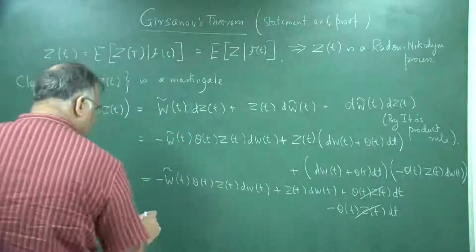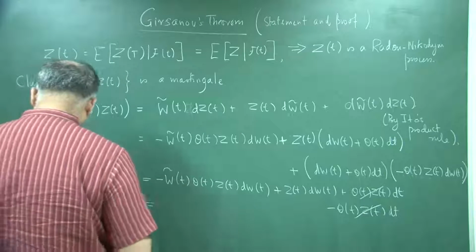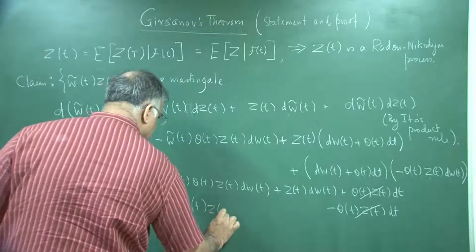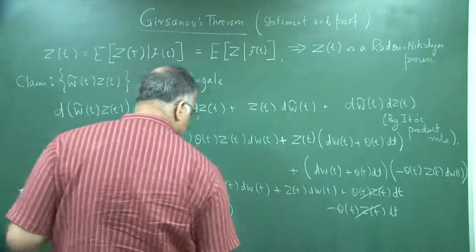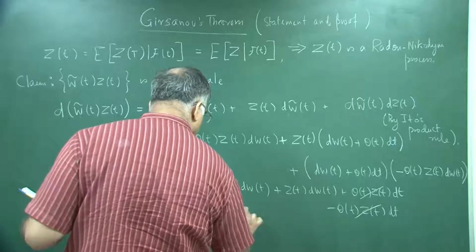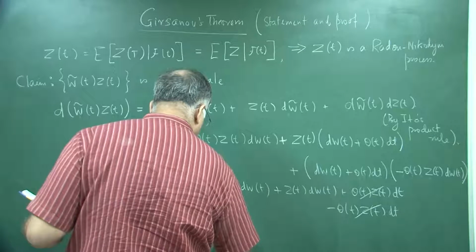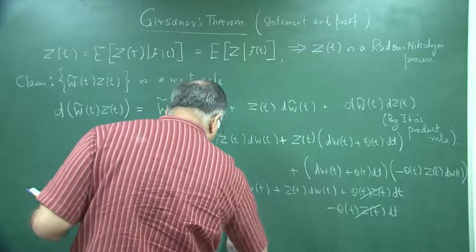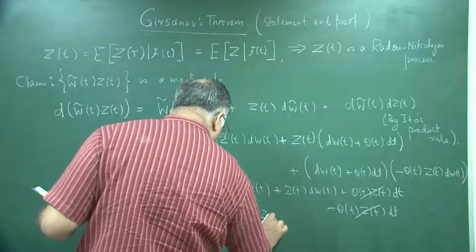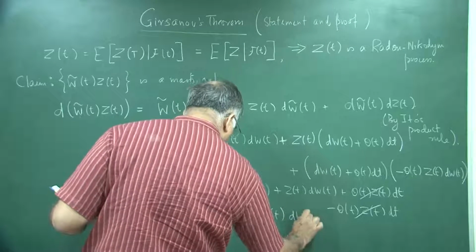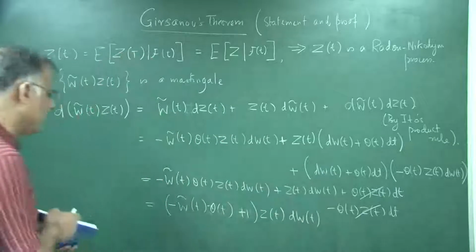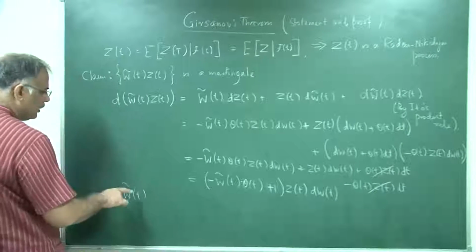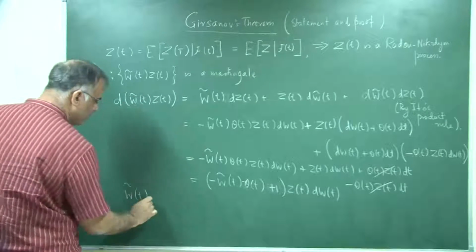So finally I will be having minus W tilde t theta t Zt plus Zt, or just write it as minus W tilde t theta t plus 1 into Zt dWt. Now W tilde 0 is 0, so if I put 0 here, this whole thing becomes 0.